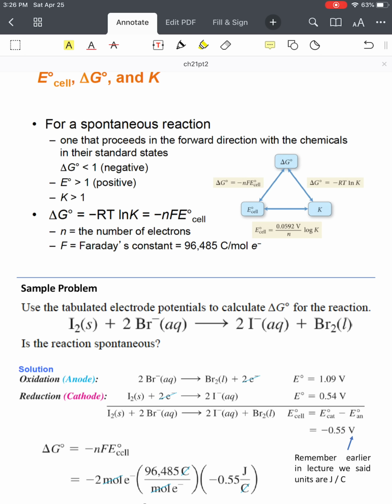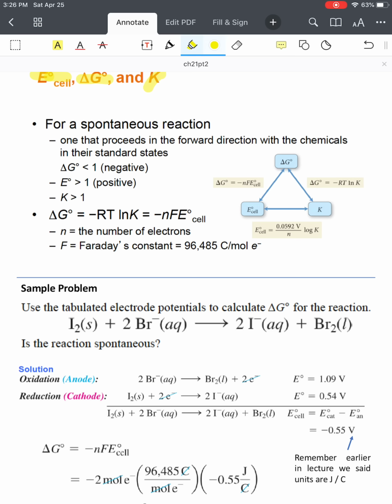Now this semester we have spent a lot of time talking about equilibrium and equilibrium constants K, haven't we? Last chapter, we spent a significant amount of time talking about the change in Gibbs free energy for a reaction. And now we're following up by talking about E0 cell, the standard cell potential for any redox reaction. We just learned how to compute that.